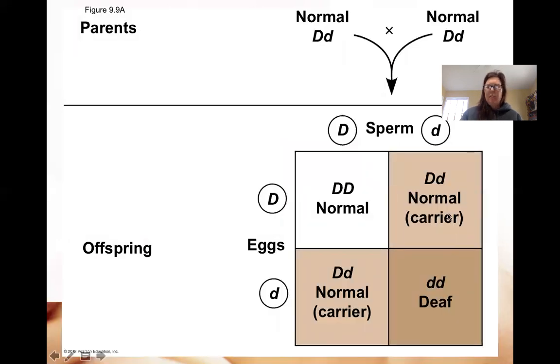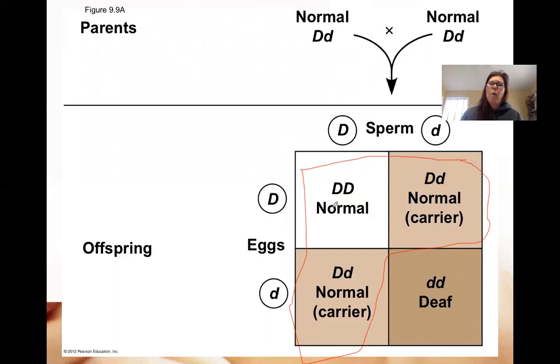So here, let me make sure I didn't skip one. Yep. Here we have two heterozygous parents. Now they're normal. So this, of course, would be an example of autosomal recessive. When we look at this, we notice all three of these individuals are normal.